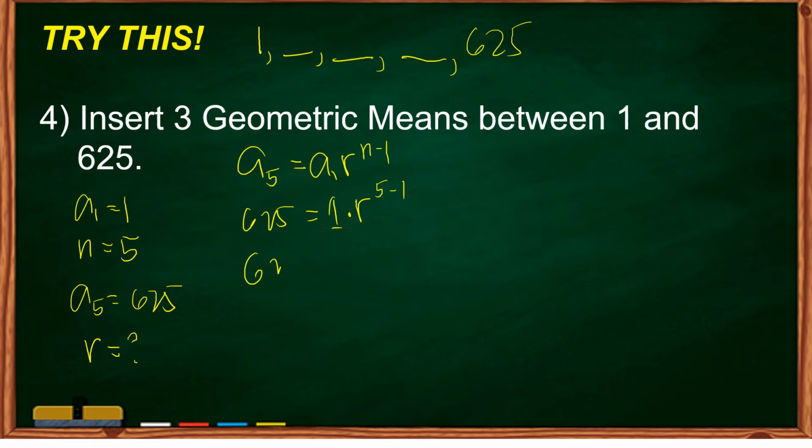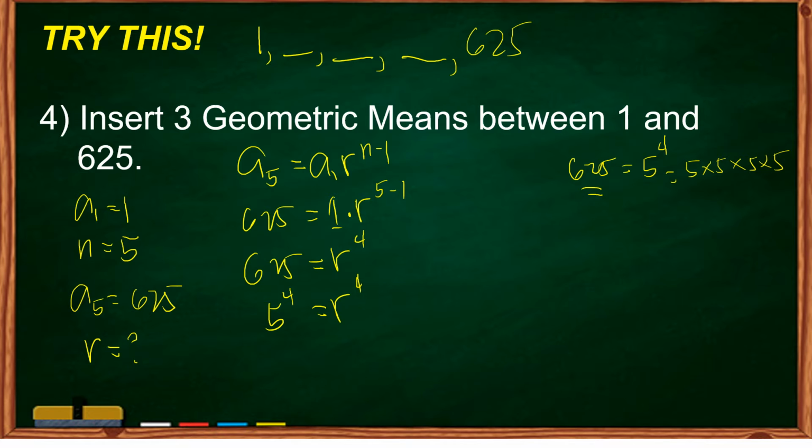So we have here 625 equals r raised to 4. But please take note that 625 can be expressed as 5 raised to 4 because 5 times 5 times 5 times 5 is equal to 625. So from this equation, we can rewrite this as 5 raised to 4 equals r raised to 4.